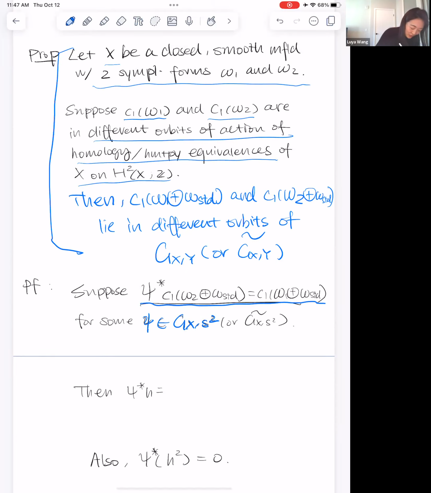So this means, to remind you, that this map is a homology equivalence, B maps H upper 2, so the pullback of it maps H upper 2 of X to itself, and C, the projection to the first coordinate is a homology equivalence.